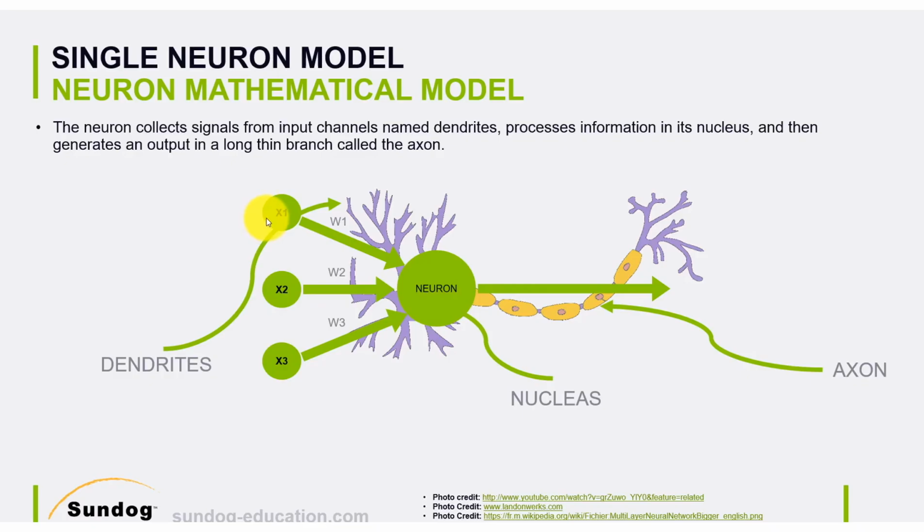Here, the values connecting, for example, the input x1 to the neuron, we're going to assume are weights. All these are simply numbers. You can put a weight, for example, of 0, which means any input inserted here, we multiply it by 0 and then send to the nucleus or the neuron. x2, we can multiply, let's say, by a weight w2 of 1, which means you're going to pass it on. And then you can change the values of the weights.